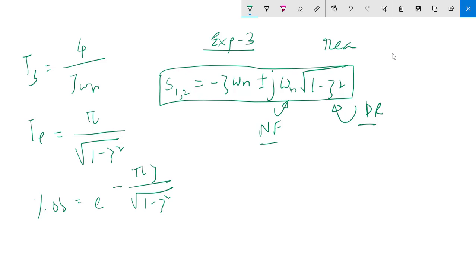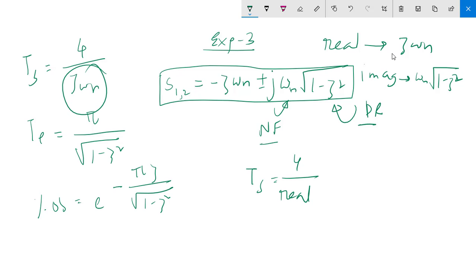The real part has the numerical value of zeta omega n, and the imaginary part has a numerical value of omega n root over 1 minus zeta square. I'm just taking the numerical values of the modulus. So you can say that Ts is 4 by real. You can see zeta omega n is real, so 4 by real. And you can say that Tp is equal to pi by imag.